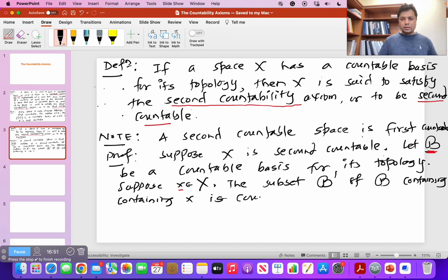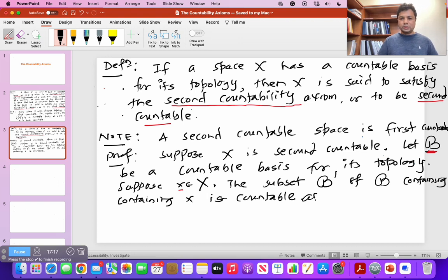is countable. So basically in script B prime, we are taking only those elements of script B which contain x. Since script B itself is countable, the subset of a countable set is countable. That's why script B prime is also countable.